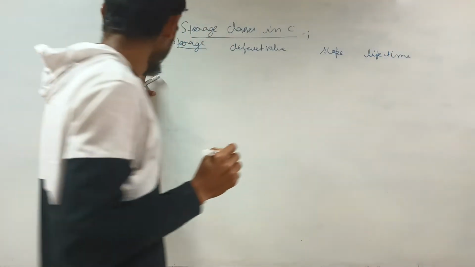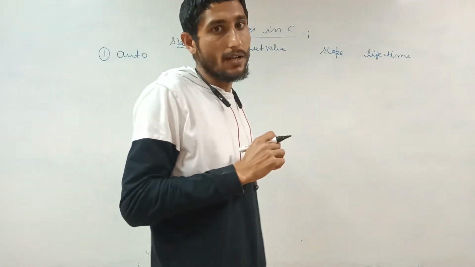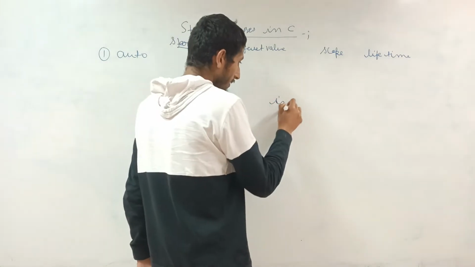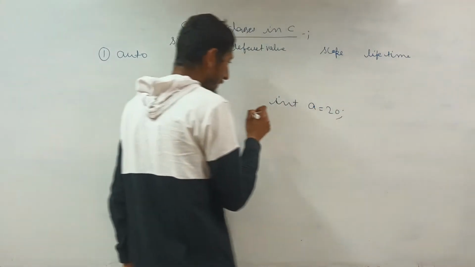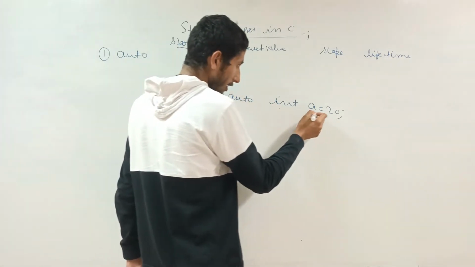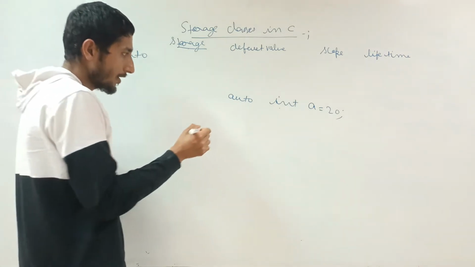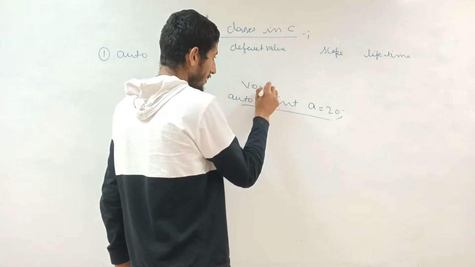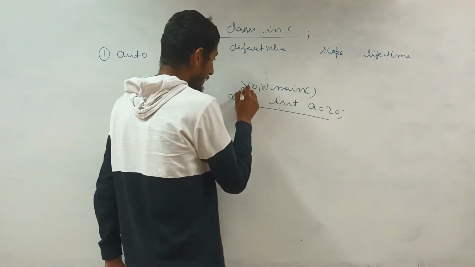If a variable has been declared as auto, by default all variables are declared as auto. It means if you write int a equals 20, the compiler will treat it as auto int a equals 20. The moment you write this statement, let's say inside main, what is going to happen?